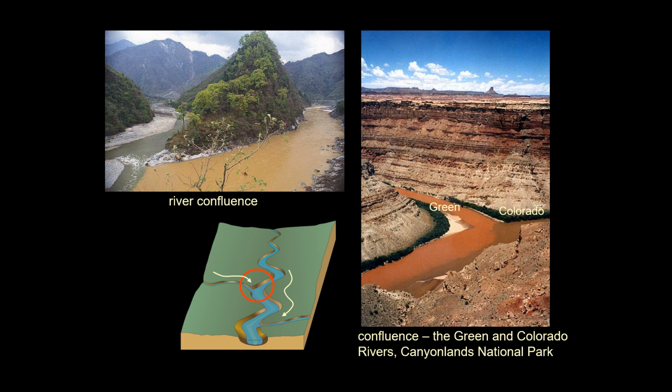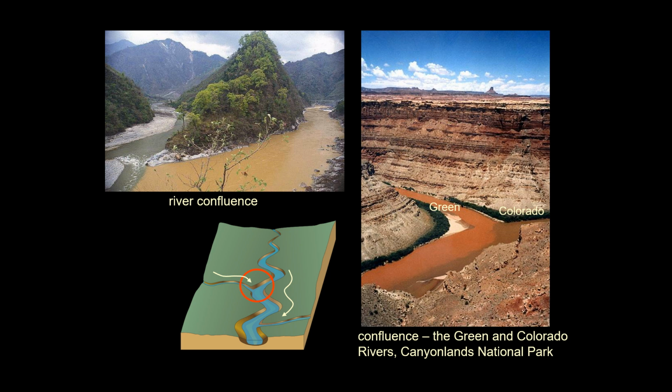Where rivers come together, we call it a confluence. What's sort of interesting, a little side fun story about the Colorado River: where the Colorado River comes together with the Green River, the confluence is in Canyonlands National Park. The naming convention that has been used for years is that where two rivers come together, we always use the name of the bigger river downstream of the confluence.